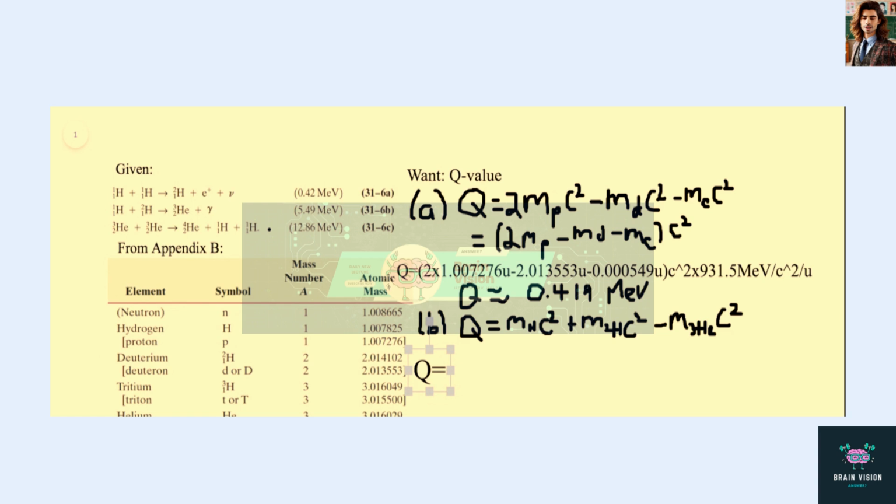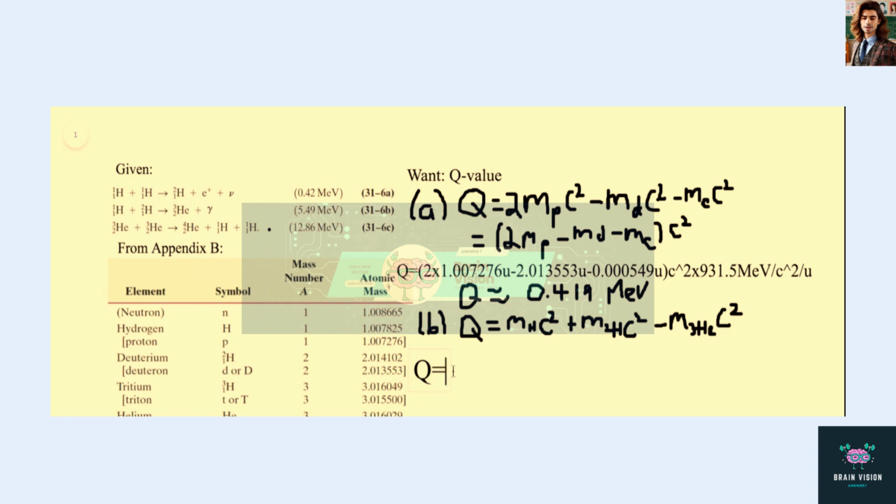But since electrons in this equation are balanced, that is, the nuclei on the left side of the arrow are each associated with an electron, so if we're including electrons, we have 2 electrons, and the nuclei over here is also associated with 2 electrons. So we can add 2 electrons to both sides of the equation and they cancel out. So that's why we were considering the mass of hydrogen here and not just the mass of the proton. Similarly for deuterium instead of just deuteron.